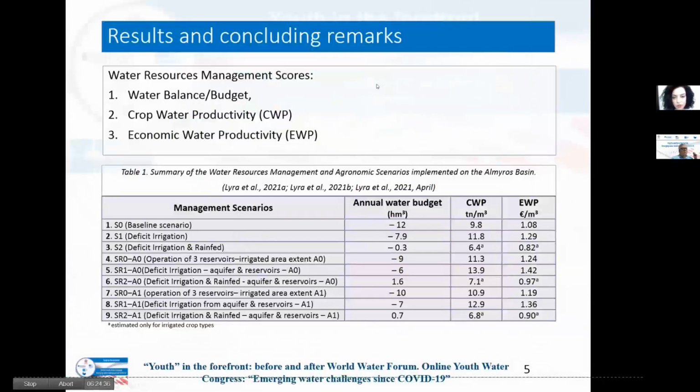The water resources management scenarios were evaluated regarding the water budget, the crop water productivity, and the economic water productivity.